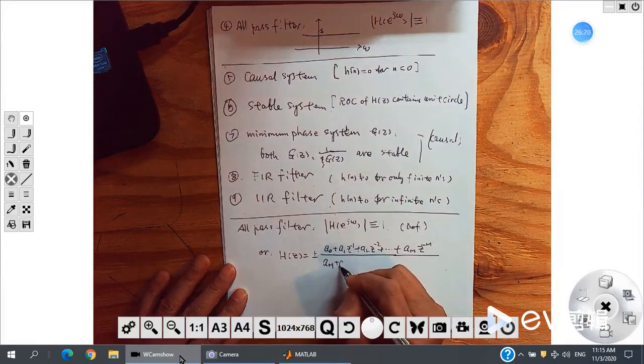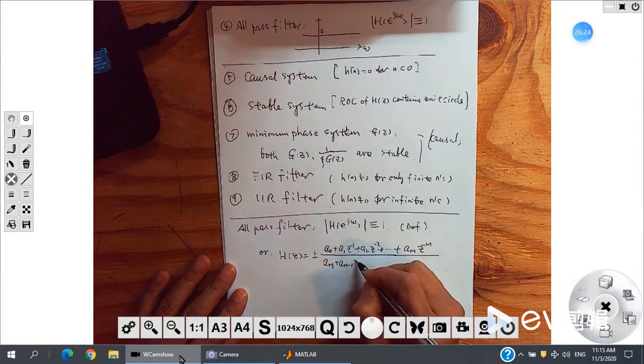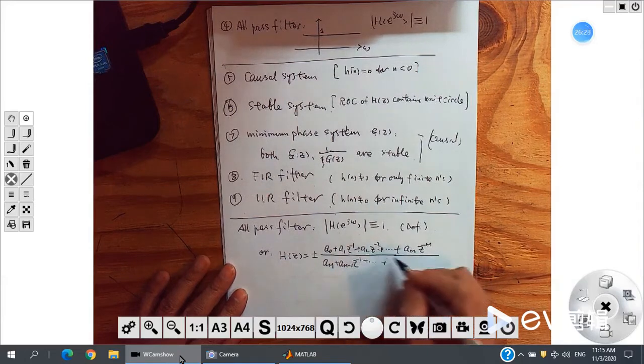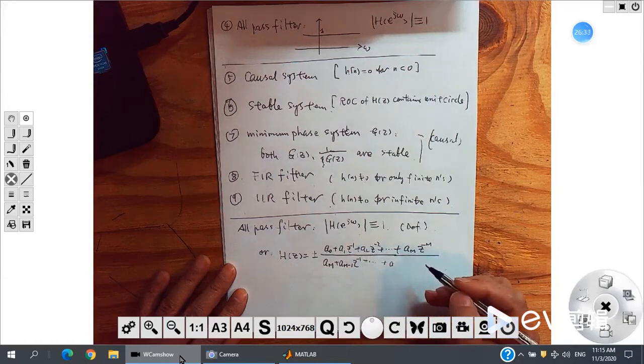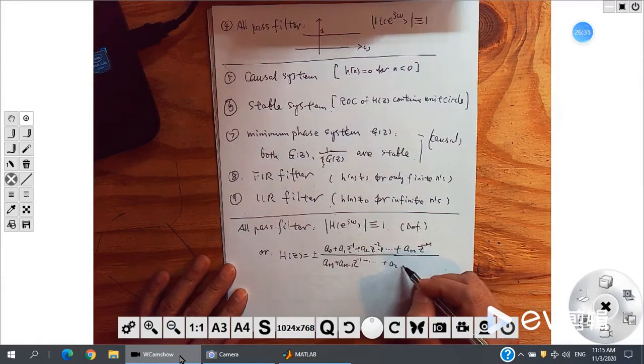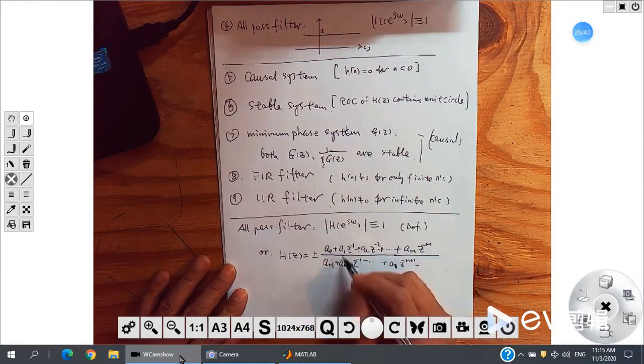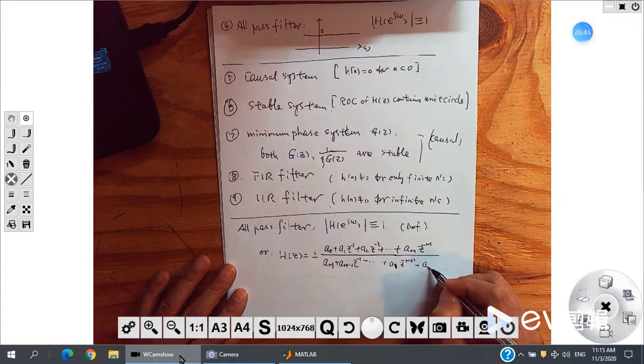Then a(m minus 1) times z to the negative 1, and so on. And finally you have a2 times z to the negative m plus 2, and a1, sorry, a1 times z to the negative m plus 1, and a0 times z to the negative m.